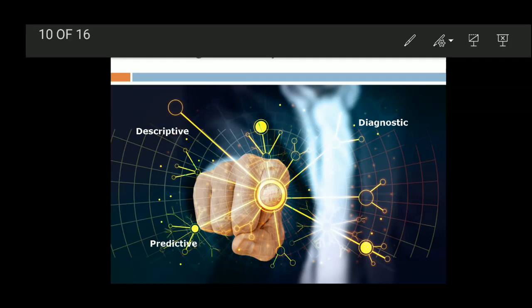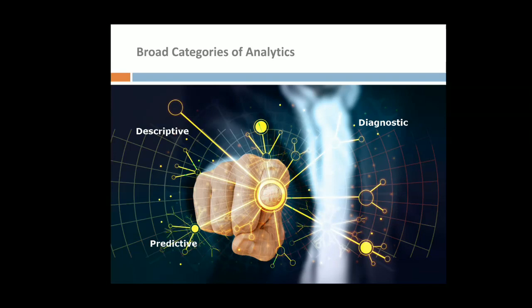And the last one is called prescriptive analytics, where the idea is similar to what we discussed in the last slide, where we understood the problem, we diagnosed the problem, and we tried to predict if a similar occurrence happens at a future time point.